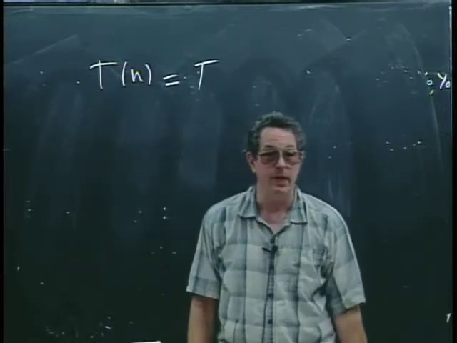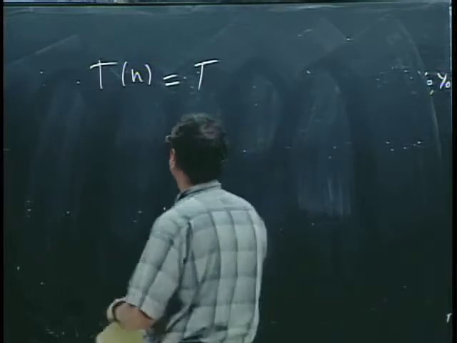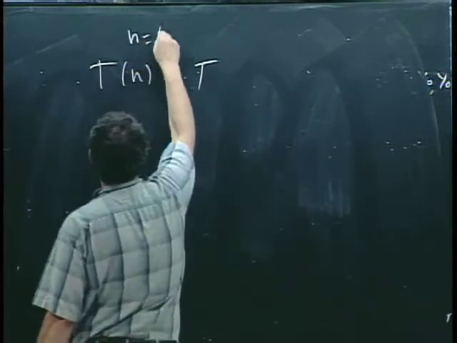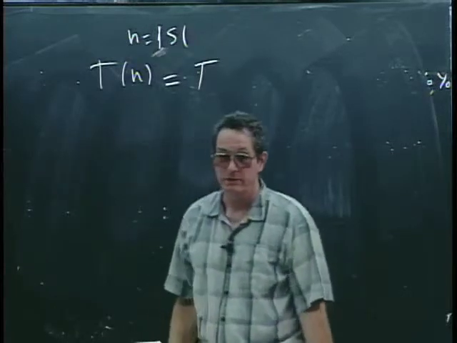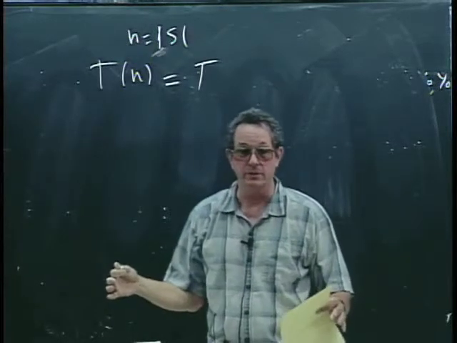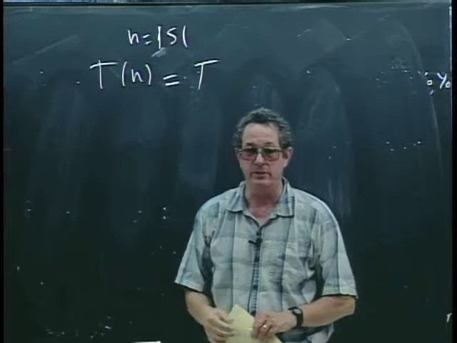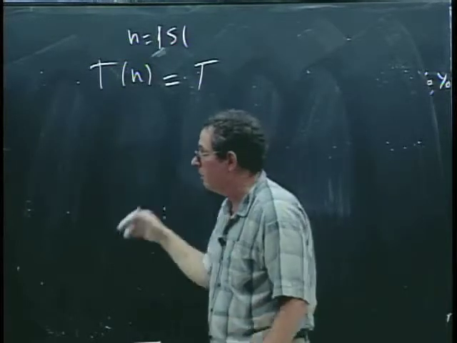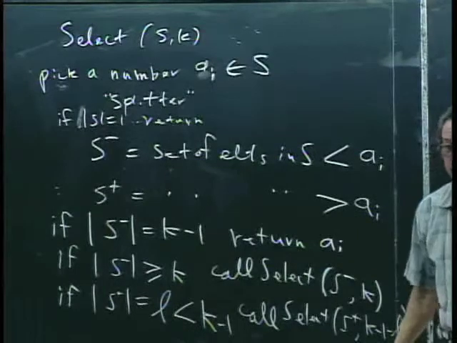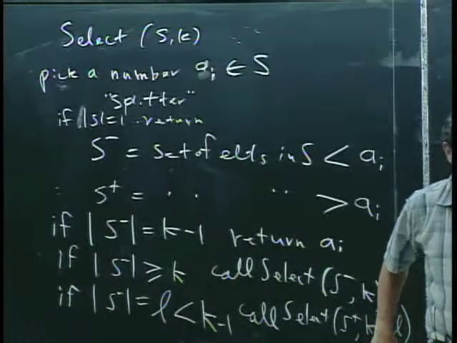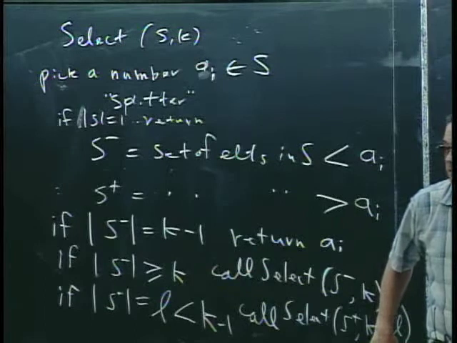N is the size of S. So you have a set that has n elements. What's the worst case running time? Well, what's the worst case kind of thing that can happen here? Where are you making very little progress?